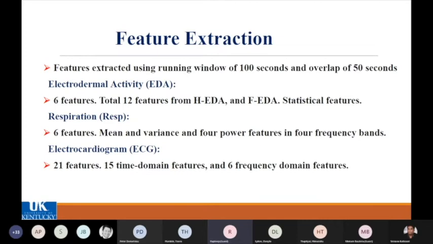In total, 39 features are extracted: 6 features each from the hand EDA and the foot EDA, 6 features from respiration signals, and 21 features from the ECG signal.